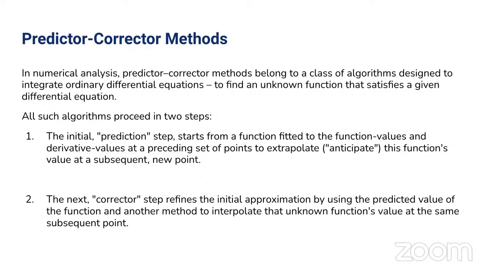The initial prediction step starts from a point fitted to the function values and derivative values at a preceding set of points. Some previous points are going to be given in the question also, so we are going to be solving simultaneously.